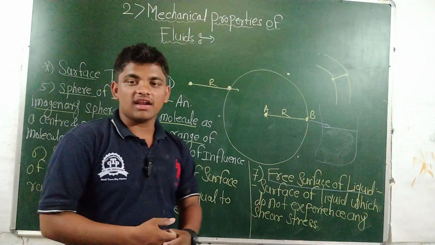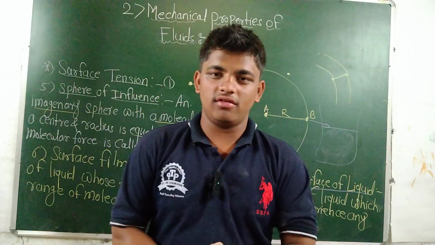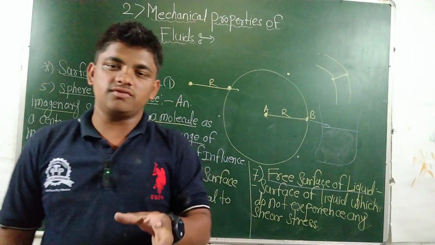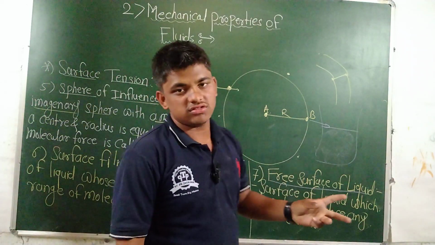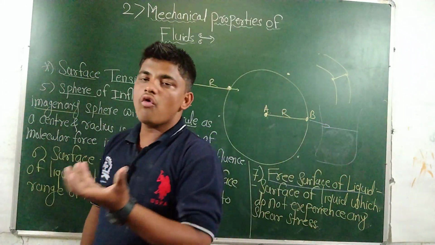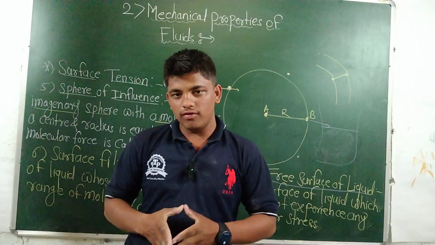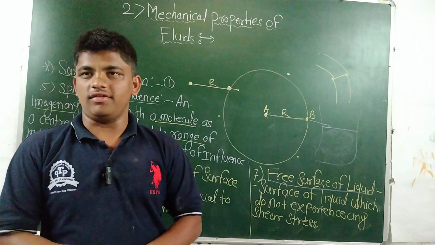And after that we discussed the range of molecular force, the maximum distance between two molecules up to which the molecular force is effective. This is called the range of molecular forces.